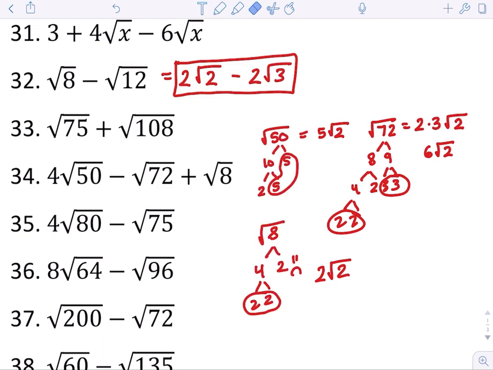Okay, hold on. So I forgot to mention this radical 50 had that 4, right? It had the 4, so that means when we took out the 5 on the outside, this should have been multiplied by 4, which really should have been 20 radical 2. So let me erase all this.